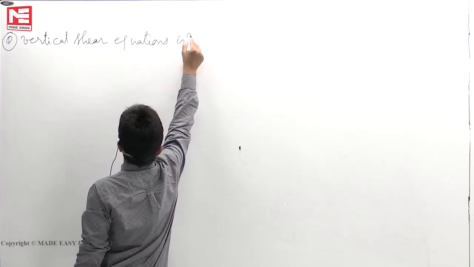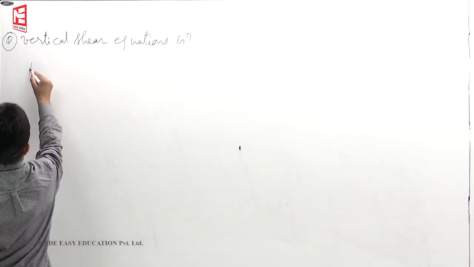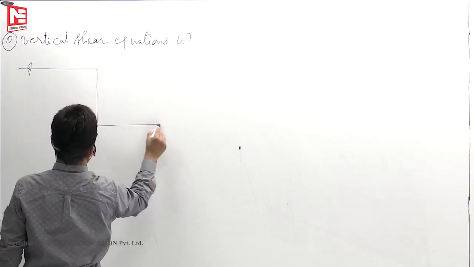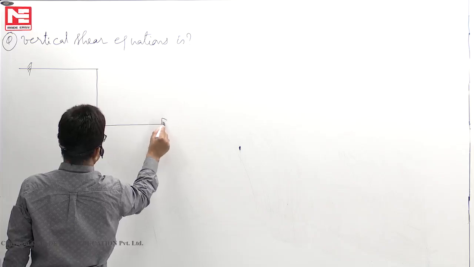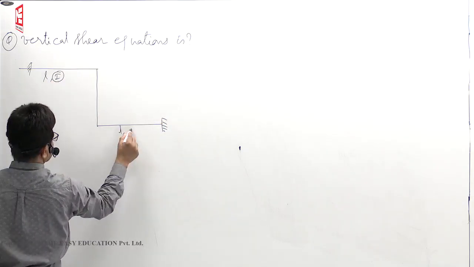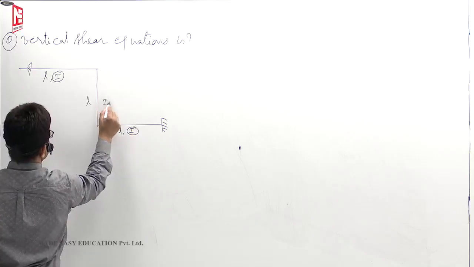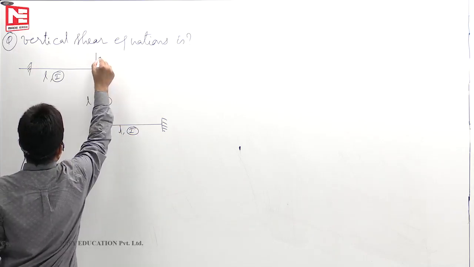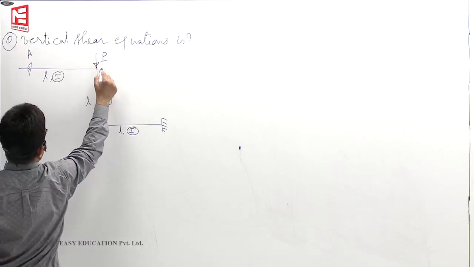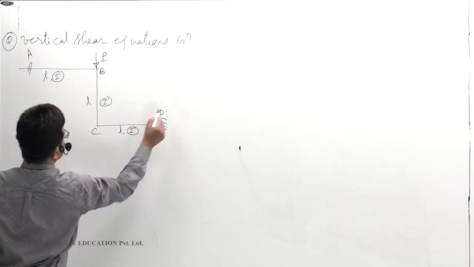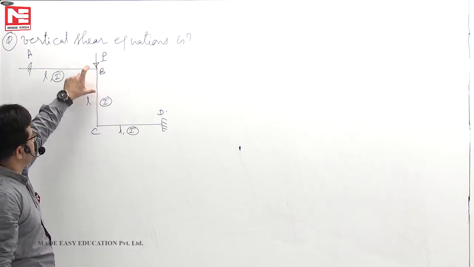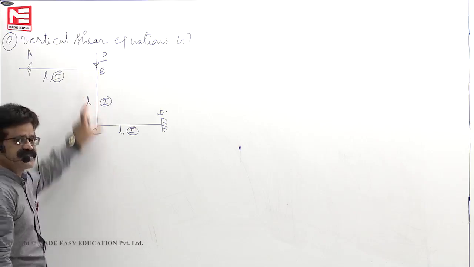Vertical shear equation is, assume that now you have a frame like this. Length is L, I. You are applying a load P. This point, let us say A, B, C, D. Now, due to this vertical force, it will not sway, it will sink.